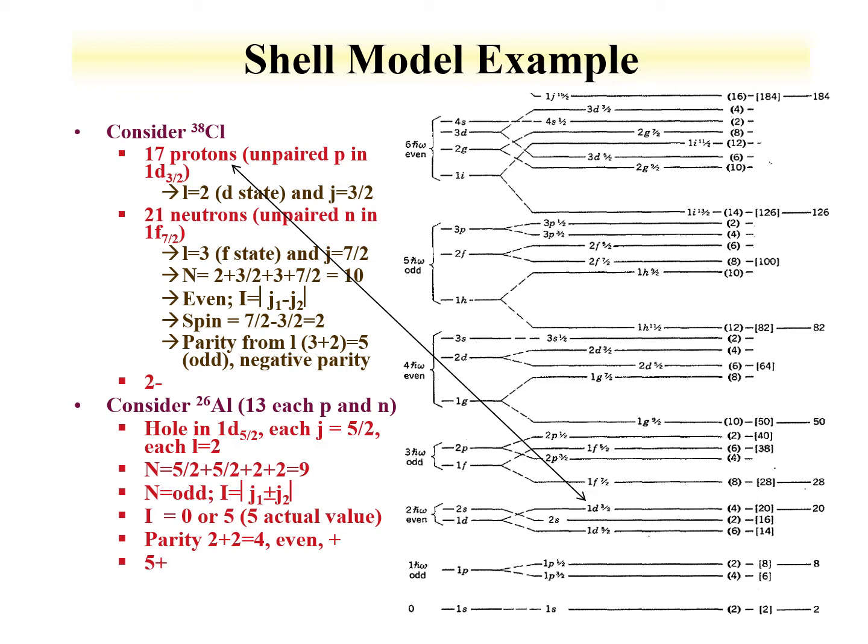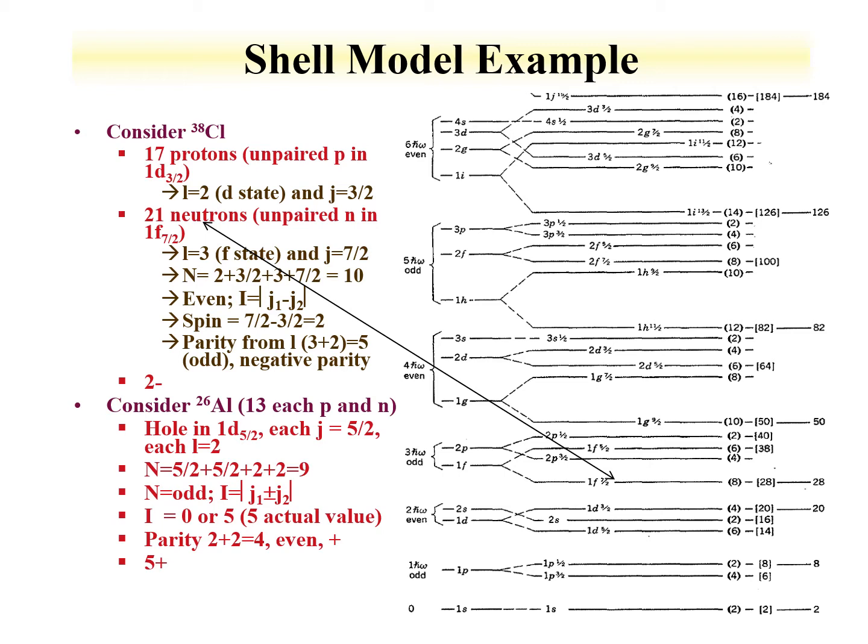S being 0, P being 1, D being 2. And J, the spin, is 3/2. The 21st neutron, there's 20, 21, is here in the 1F 7/2 state. So L is 3 for the F state, J is 7/2.